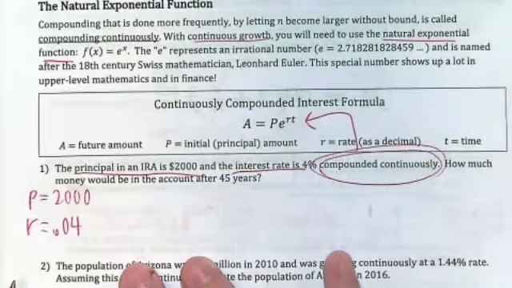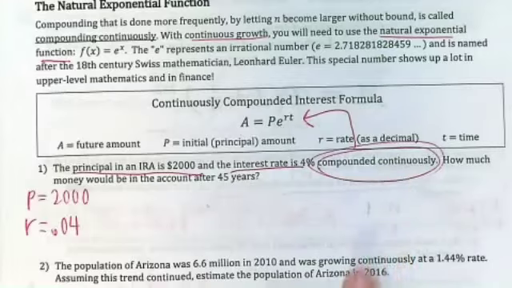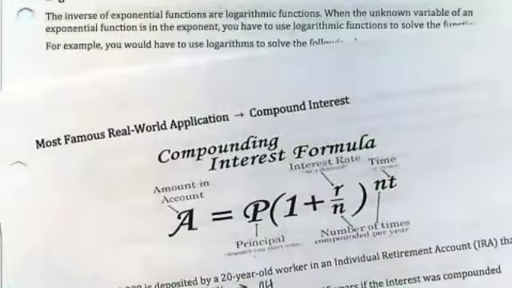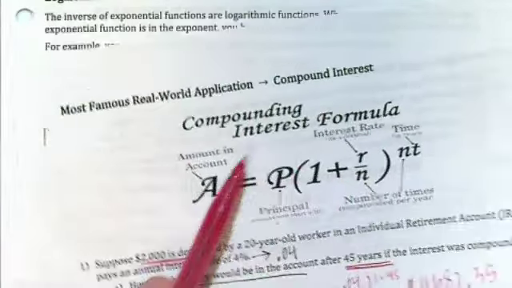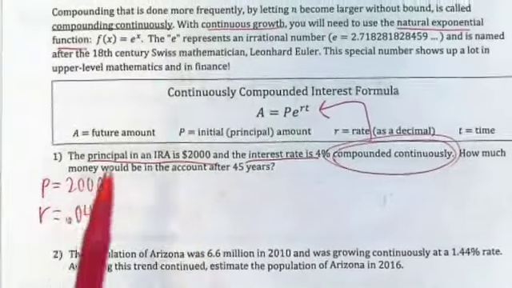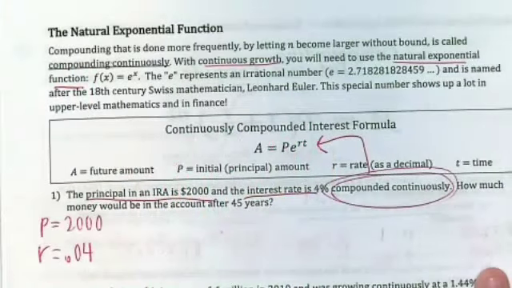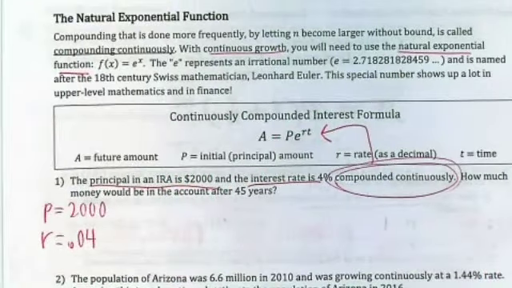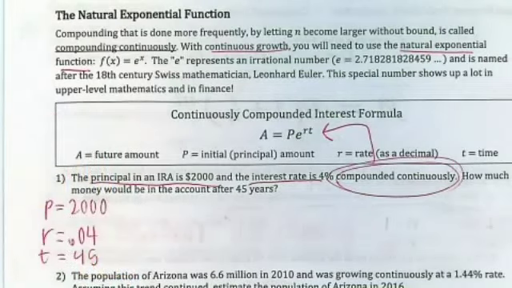That is how you know you are going to use this equation versus the other one. If it said compounded monthly, you use this one. Compounded annually, you use this one. Anything other than compounded continuously, you use the other one. When you see compounded continuously, you use this one. How much money would be in the account after 45 years? T is always the year value that we are given.